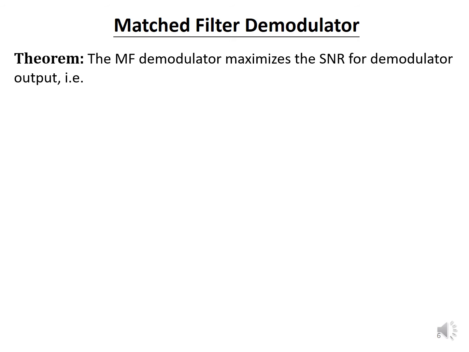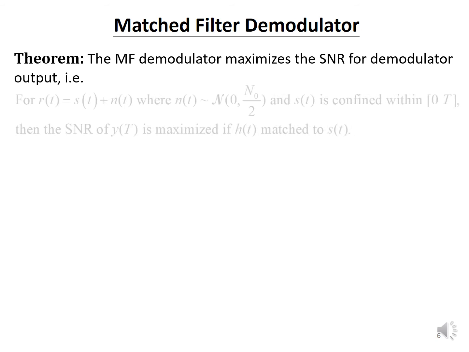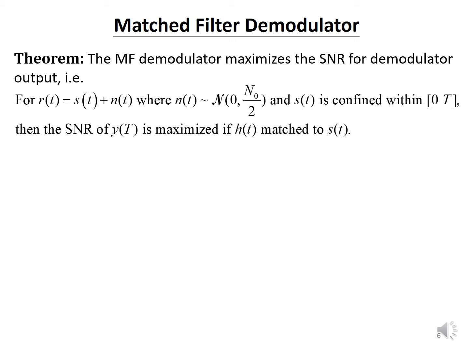Now we have shown that the correlation demodulator and the matched filter demodulator are equivalent. Next we try to show that this type of matched filter demodulator will maximize the signal to noise ratio of the demodulator output. Why?